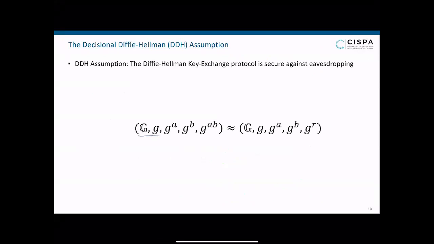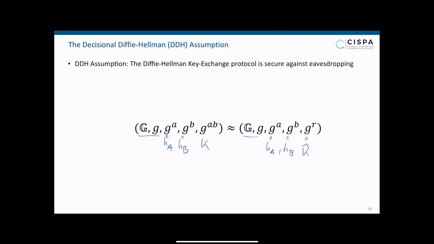Well, it has this HA, it has this HB, and you have the key K here. And here again, you have HA. Here, this is HB. But now this thing here is just G to the R instead of G to the AB.